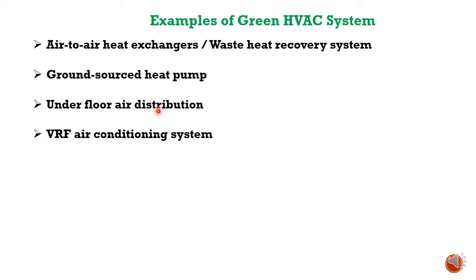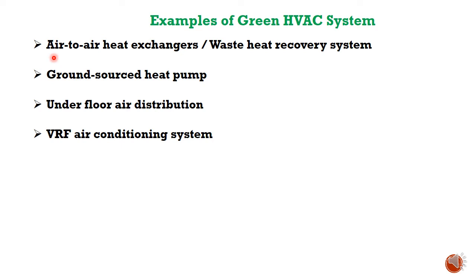Alright, so these are examples of green HVAC system. These technologies are also not limited to this, but I just mentioned four here, and I will explain it later in the next lecture. There are many more green HVAC systems available in the market.